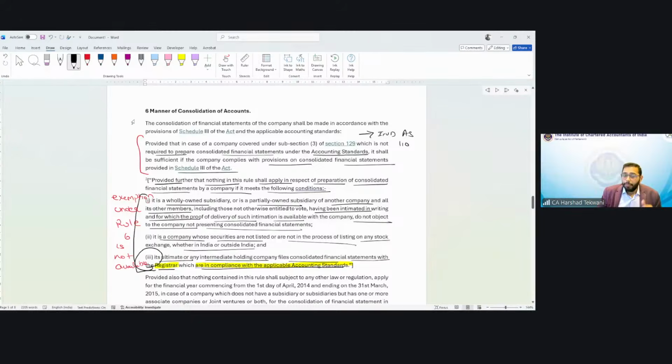That's very important. Because if this exemption is given under Ind AS, then in that case, we need to see whether the Ind AS exemption is applicable or not. Okay. So, let's see Ind AS 110.